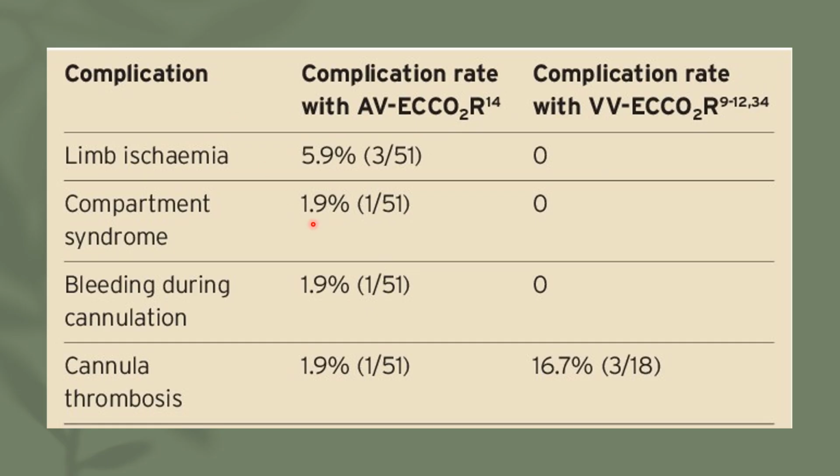If we go for complications of ECCO2R, with AV ECCO2R there is limb ischemia and compartment syndrome, bleeding during cannulation, and this is more common with the arterial side, and cannula thrombus. And if we go for VV ECCO2R, it's more common to have cannula thrombosis because both of them are veno-venous cannulas.